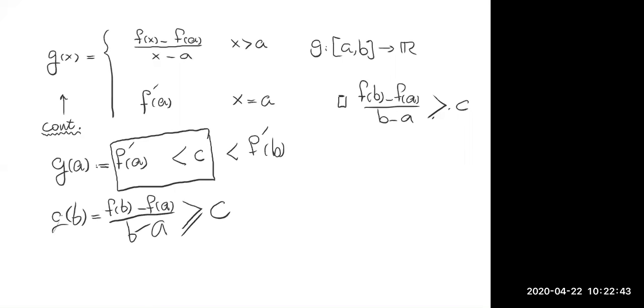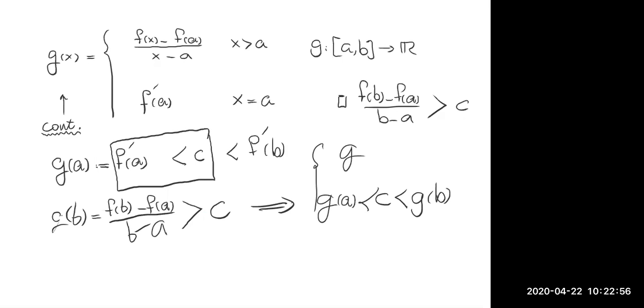That would be simpler to handle. So C is something between g of b and g of a. Also, g is continuous, and any continuous function has this mean value property.